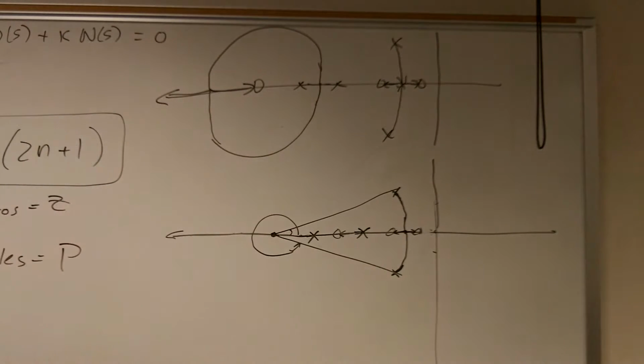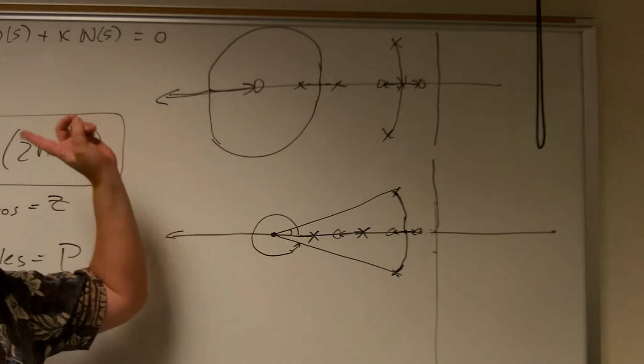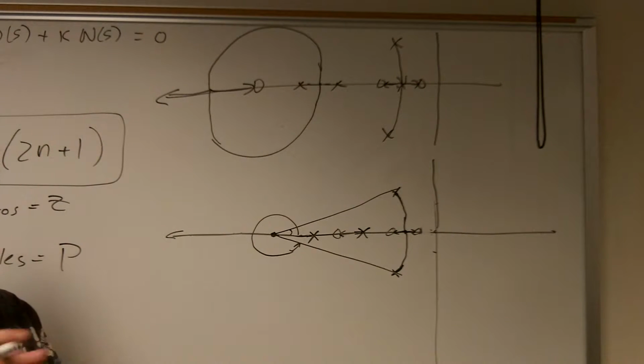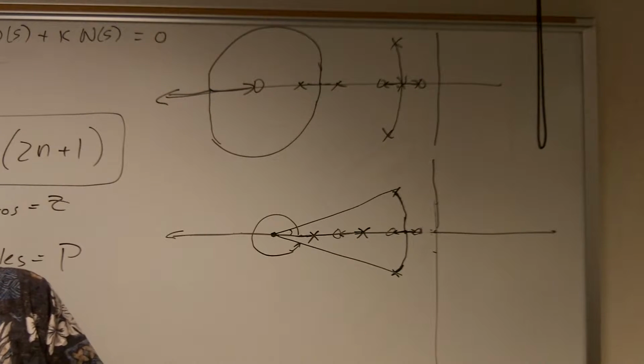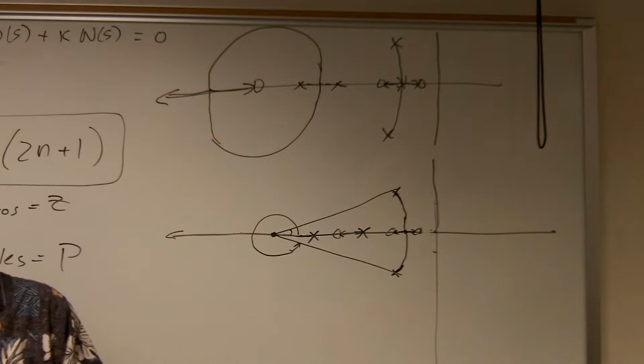Now, because of the way that we calculated this, remember the numerator and the denominator, we end up getting the zeros minus the poles. You could technically do it the other way around if you really wanted to. But the standard way, if you write it on the left, you end up with zeros minus poles, plus pi, just to keep it nice and pretty. It has to end up giving you this satisfaction value.